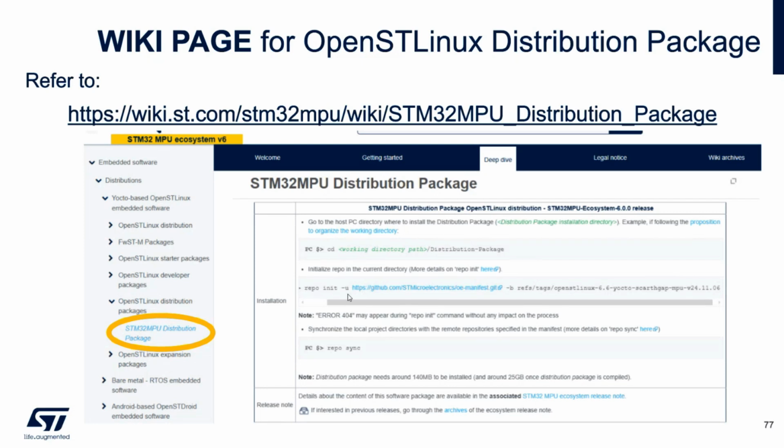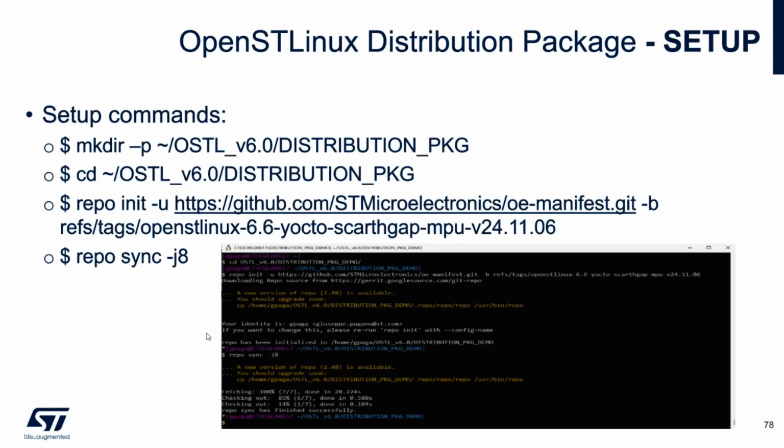Okay, the command that you need is repo. After that, you have to launch repo init to initialize your repository, and repo sync to synchronize your repository. Let's do this operation together.